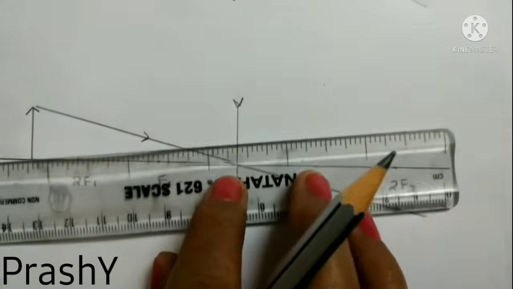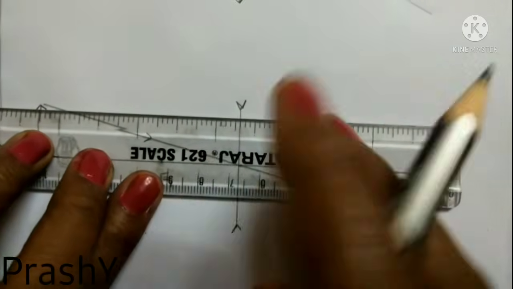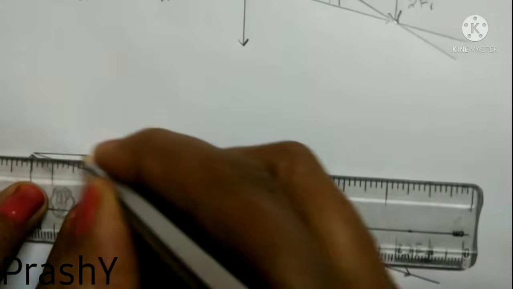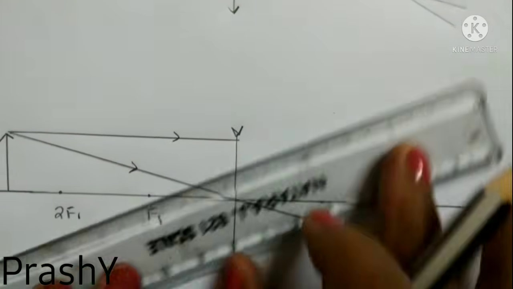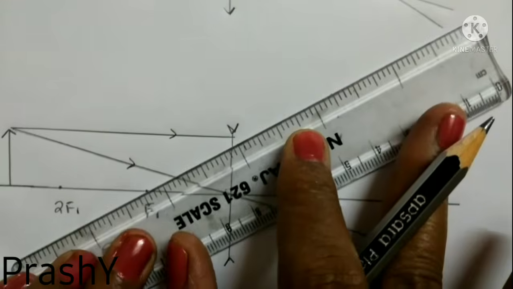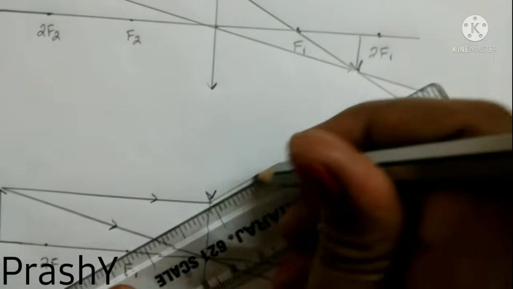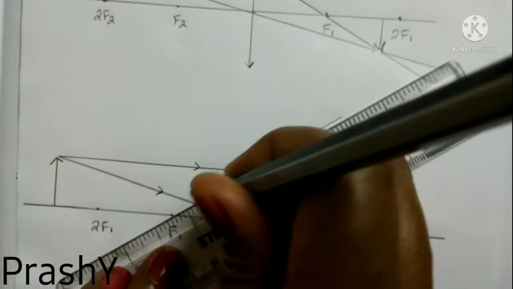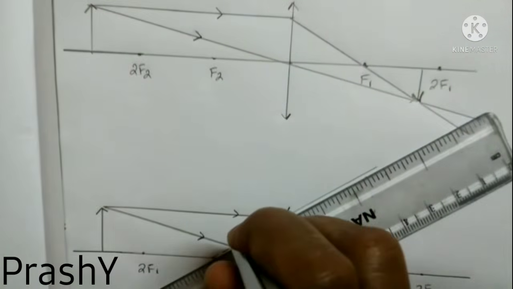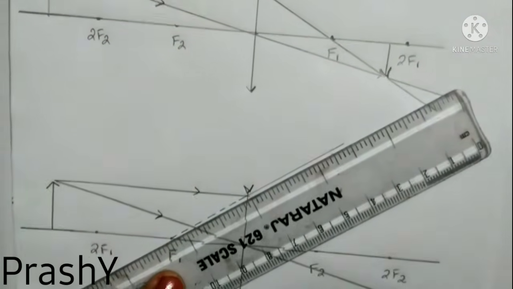Next, the second ray I am taking parallel to the principal axis. Since this lens is a diverging lens, the ray gets diverged. Now I have to extend this to meet at the focus, because we know that the ray passing parallel to the principal axis always meets at the focus.